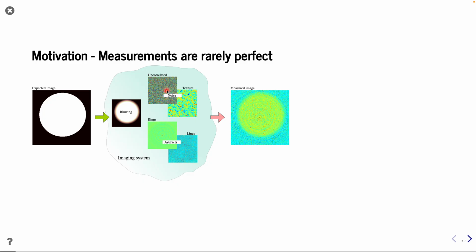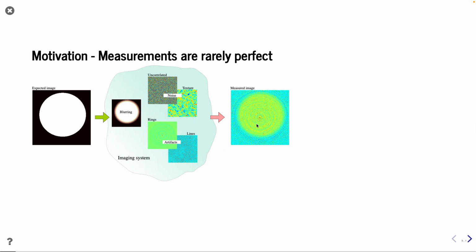And even more, you can have artifacts from the measurement principle, or again from the interaction between matter and the radiation you're using for your acquisition. So, in the end, the effect of all this is that this very clean, sharp image turns into what you would actually measure.